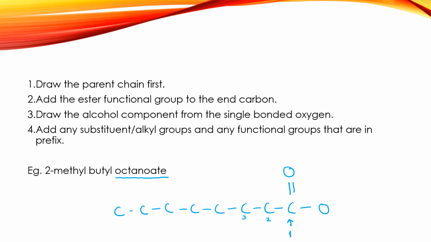This oxygen comes from the alcohol group. Now, for butyl, 1, 2, 3, 4. Now we number out from the ester, 1, 2, 3, 4, and on carbon number 2 was a methyl group. Now we complete by drawing in our hydrogens so that every carbon has the appropriate number of hydrogen atoms.